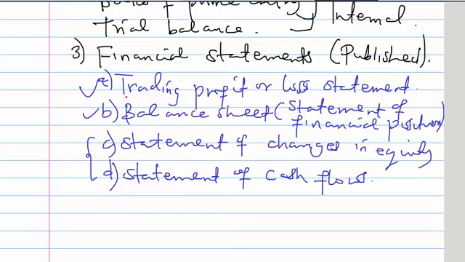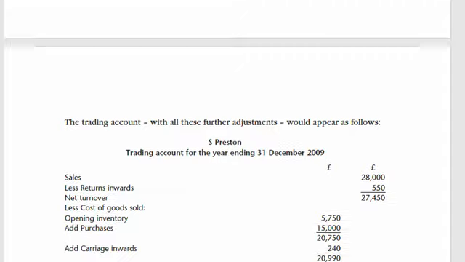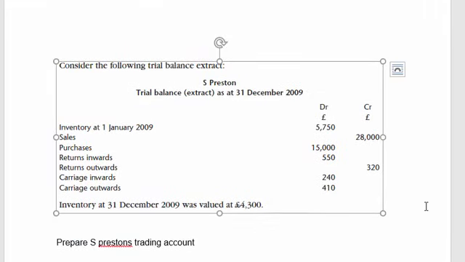And to start with, I will do what's known as a trading account, which is part of a trading profit or loss account. So to prepare this, like I said, we need to use a trial balance. So we have a typical trial balance here.